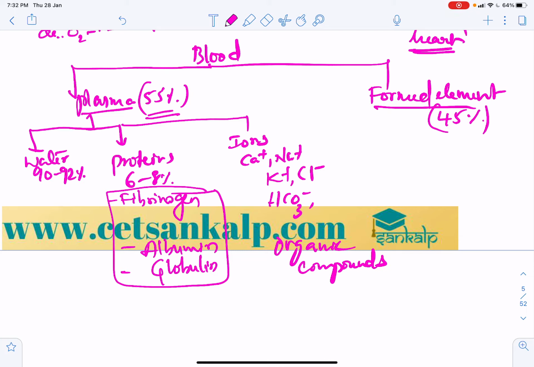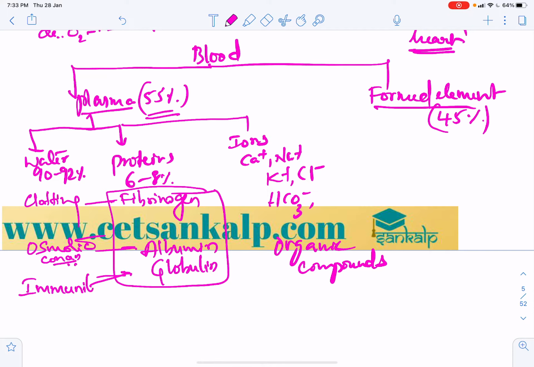So here, the one very important thing you have to keep in mind is the role of fibrinogen, which helps in clotting. Albumin helps to maintain the osmotic concentration of the body fluid, or I can say of the blood. And globulin, which is immunoglobulin, plays a role in providing immunity.